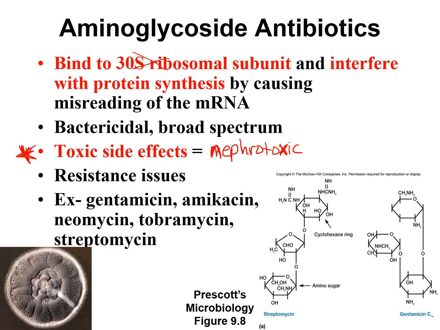And then the other serious side effect that we can see with the aminoglycoside antibiotics is that they can be ototoxic. Oto means ear. So these antibiotics can actually cause deafness. That's a really bad side effect, so that's not very good.